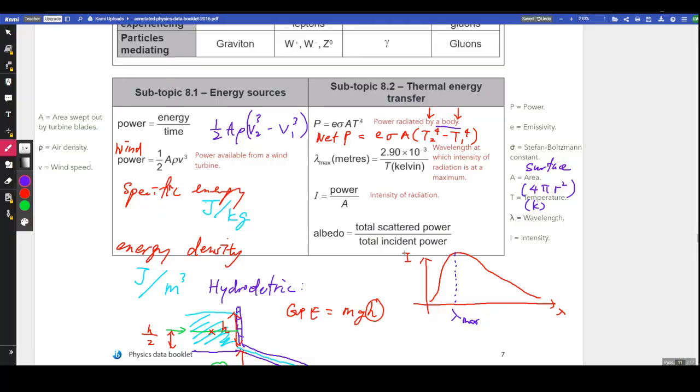That's why we call it lambda max, because it has the maximum intensity. And then for this particular temperature, the temperature is not shown on the graph, but it's stated by the question. They simply have such a relationship. 2.9 is more like a constant simply.